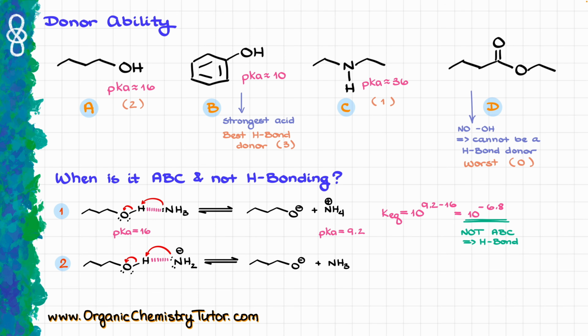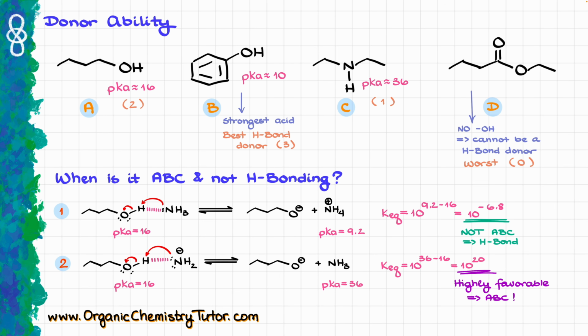And now, if I look up my pKa values and calculate the equilibrium constant for this reaction, I see that the picture is quite different. In this case, I have an extremely favorable acid-base reaction. So at this point, it's no longer simple hydrogen bonding, it is acid-base chemistry.